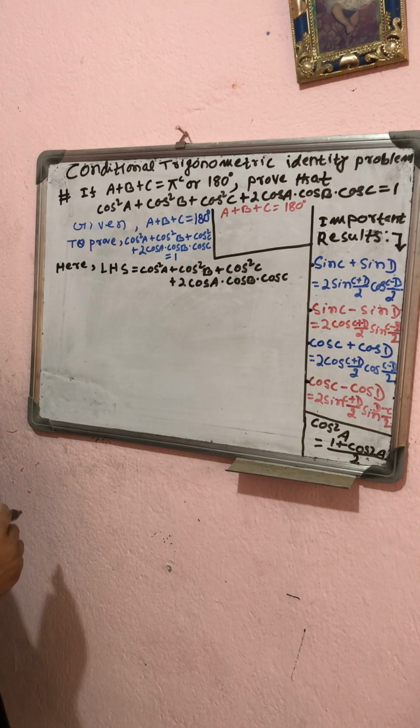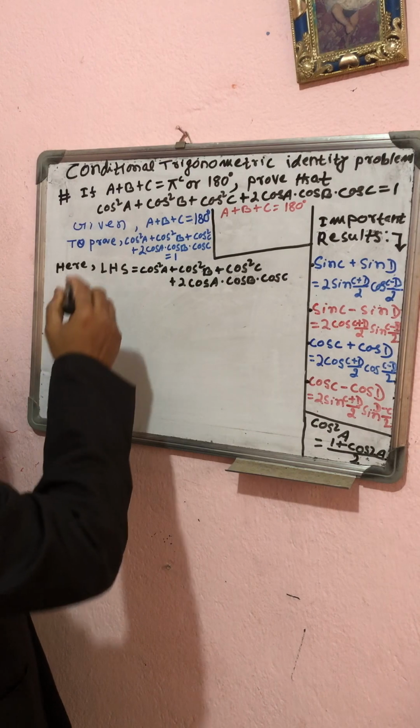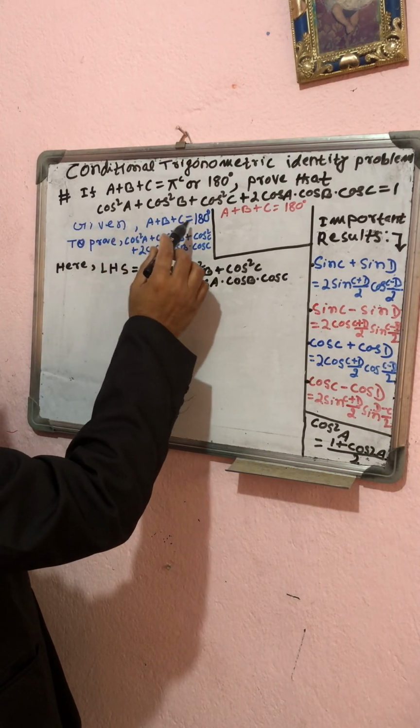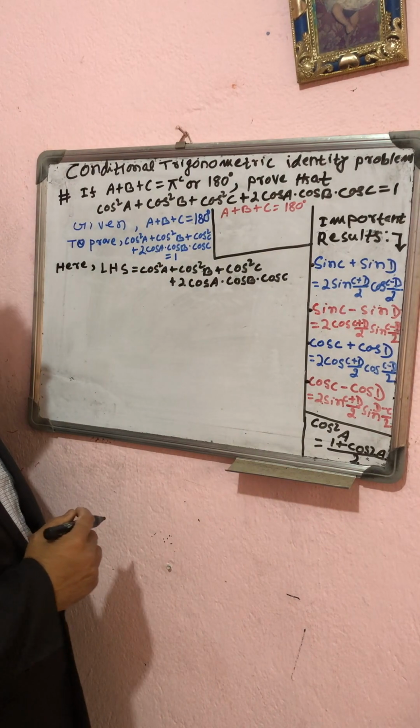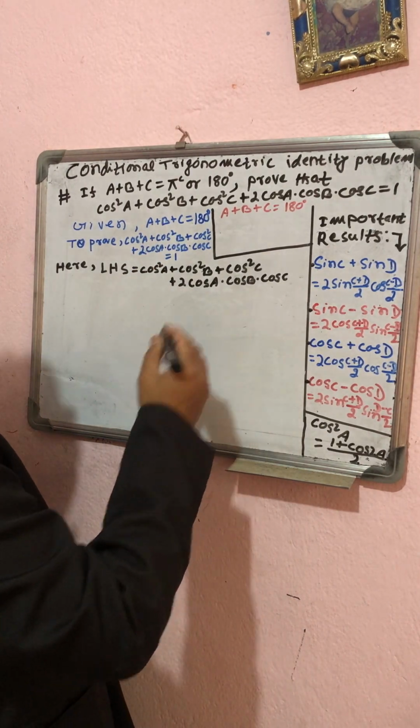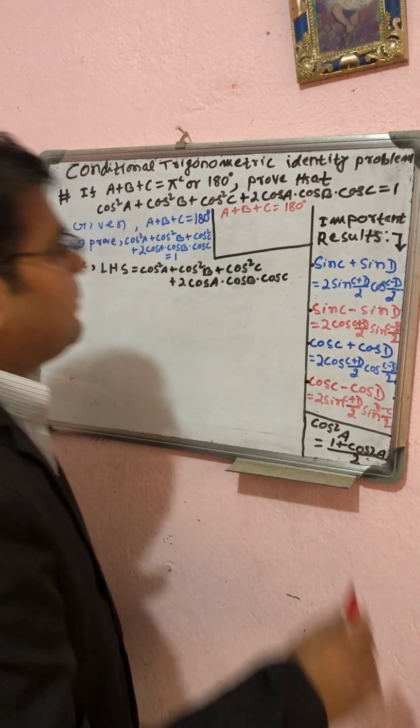In order to start the solution, you can check here. It is given that a plus b plus c equals 180 degrees, if you are taking the sum of all the angles in degrees. So what benefit will you have from the given condition?